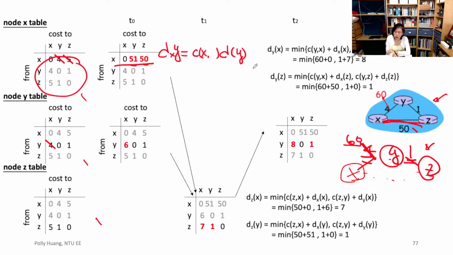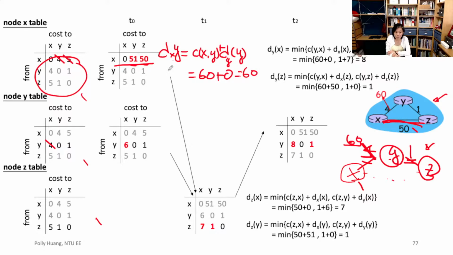Now, how many neighbors x has? There's only one this time, right? Because there's no link between x and z. So obviously, just y here and y here. xy is now 60 and this is 0.